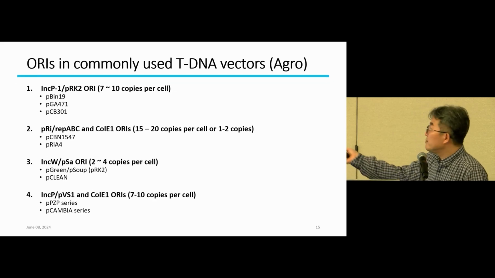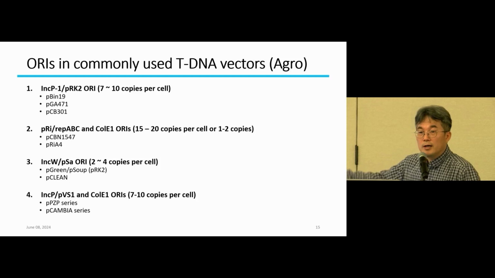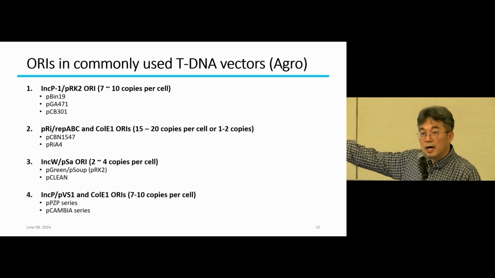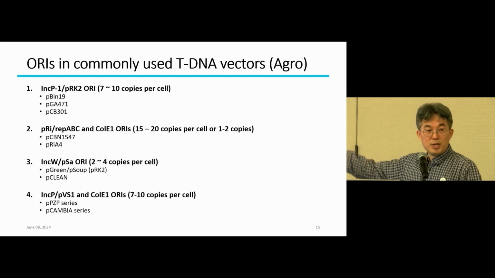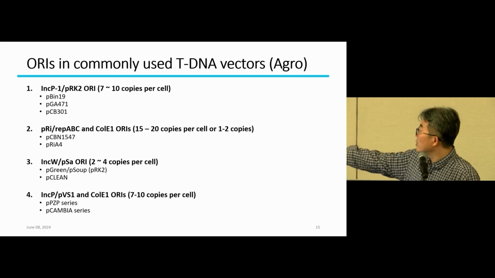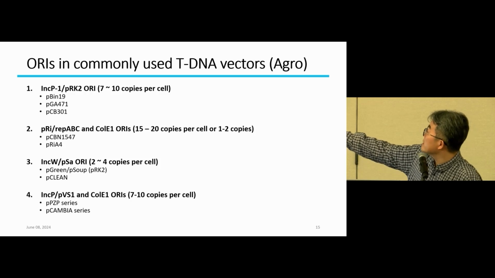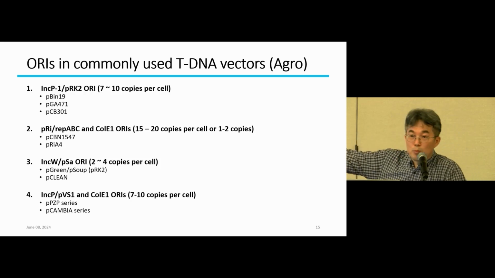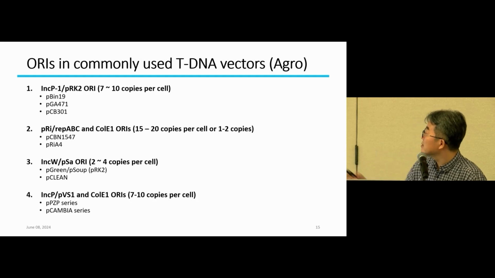So here I'm listing four groups of binary vector origins of replication, meaning that you can mix and match. Group 1, I grouped four of them. You can mix and match with anything from different groups. So for instance, the first one is incompatible with IncP-1, like RK2, but you can combine it with any of these, right?